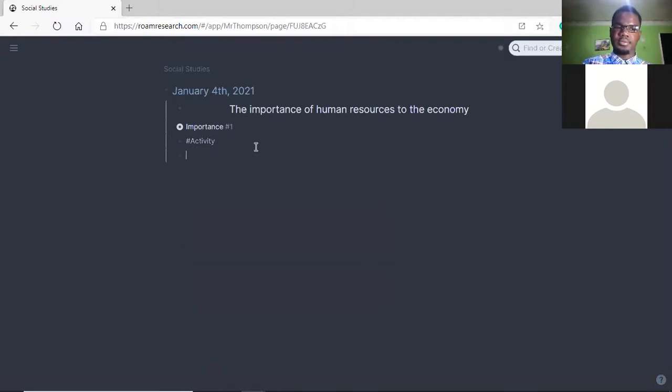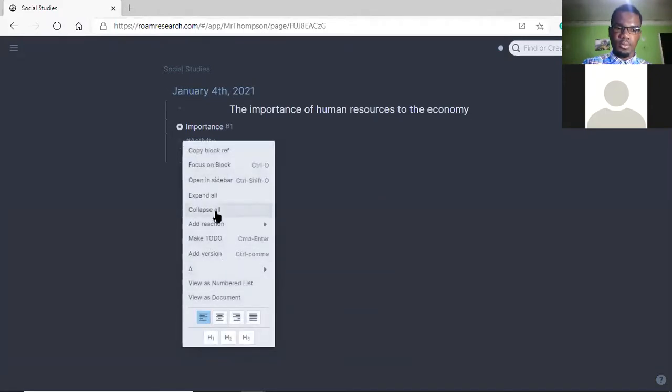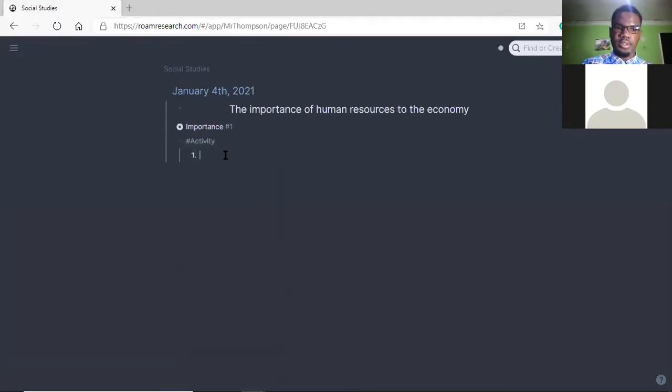Hashtag activity. Question one. Write in your own words the definition of economic development. Pretty simple. Write in your own words the definition of economic development.